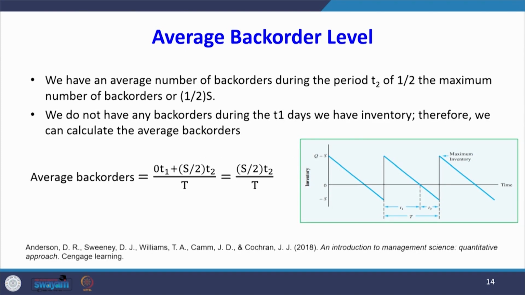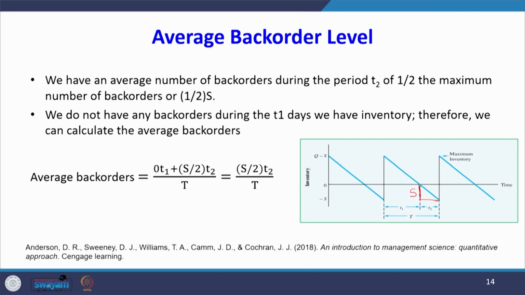Now, we will derive the expression for the average back order level. We have an average number of back orders during the period T2, that is half of the maximum number of back orders. Look at this here. This distance is S, and when you divide by 2 you will get the average number of back orders.